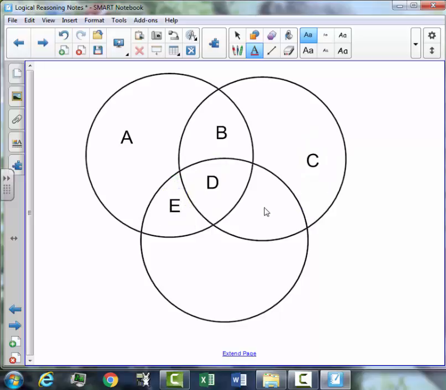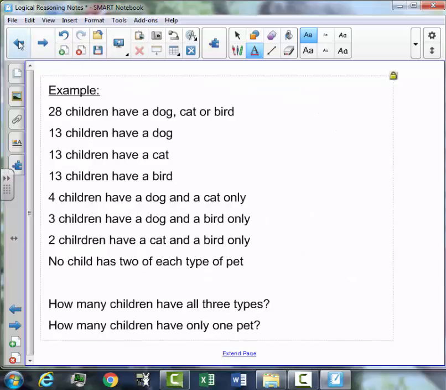I've now consecutively had D in the middle both times. I might even throw E, F, G, H. I might even throw an H on the outside just to indicate that there is that possibility that nobody does fit any of these possibilities. I don't know whether we'll necessarily use the H every time, but we'll see. So, let's start writing out some statements here.